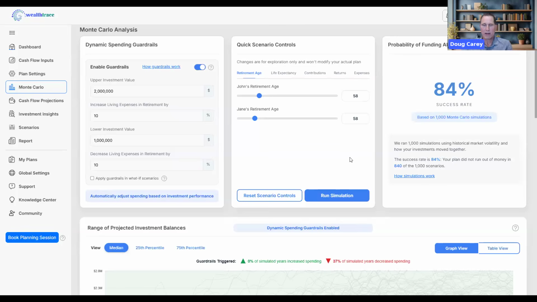Yeah, I get this question a lot. It really does depend upon the plan. I would never give a number unless I say 100%, because it depends on what your plan B is if things go awry. Plan B can be guardrails. Another plan B can be, do you have a lot of equity in your home that you can tap if necessary?